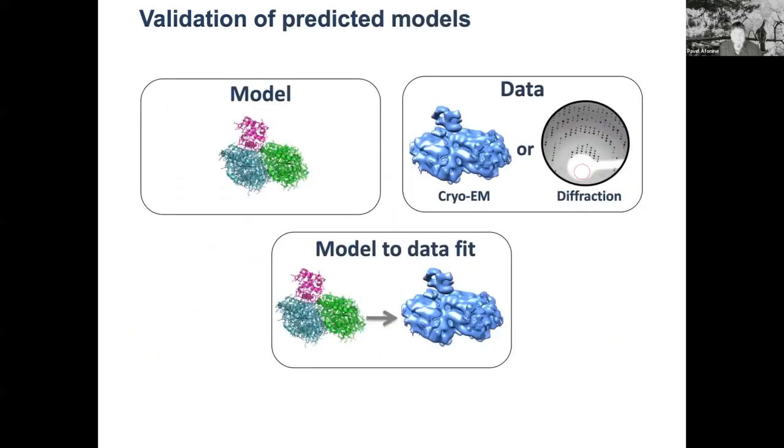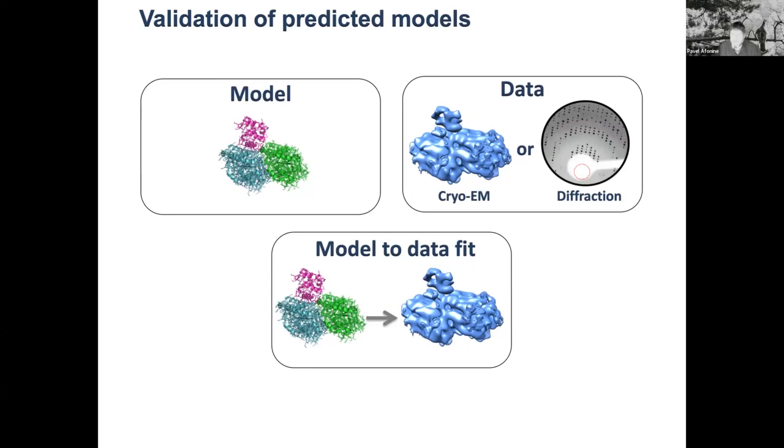Now I'll just briefly mention validation of predicted models. As you all know, this AlphaFold thing is the topic, the theme these days. And there was a recent question on the CCP4 mailing list: how do I validate predicted models? Well, let's just define what validation is in the case of structural biology.